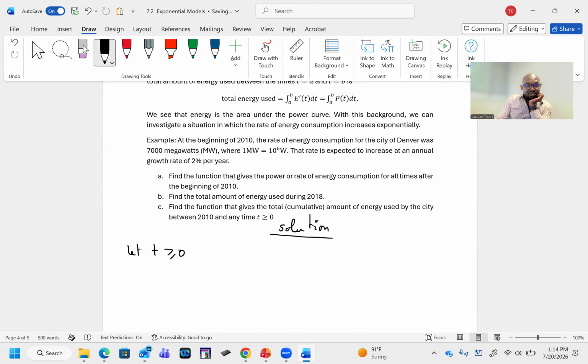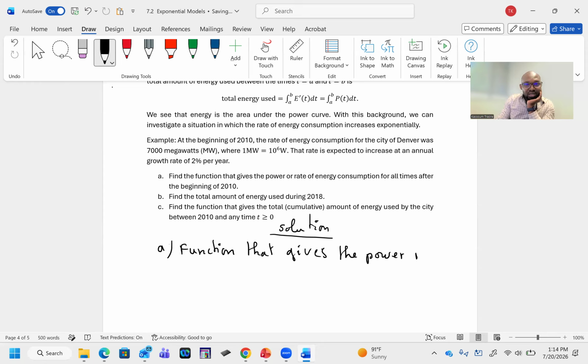Find the function that gives the power or rate of energy consumption.